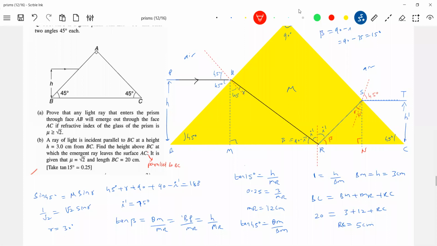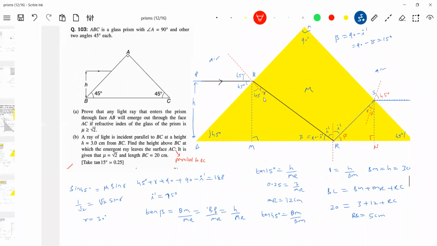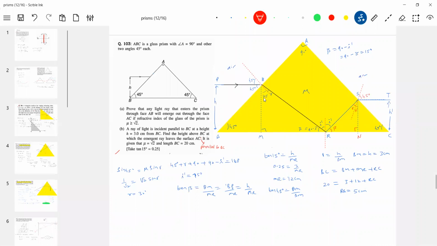I'm taking help of this triangle. So BQR1 triangle and CSR1 triangle: the ratio of BQ by BR should be equal to CS by RC. Can I do it, anybody? Because that's the only alternative I have.